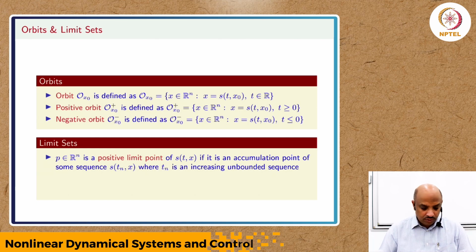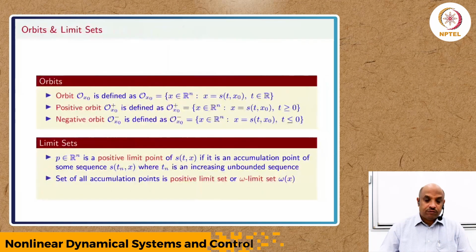And suppose the solution goes unbounded, then you won't have any positive limit points, but if you have a bounded solution, then invariably you'll have some limit points, right? So the set of all such accumulation points is known as the positive limit set.